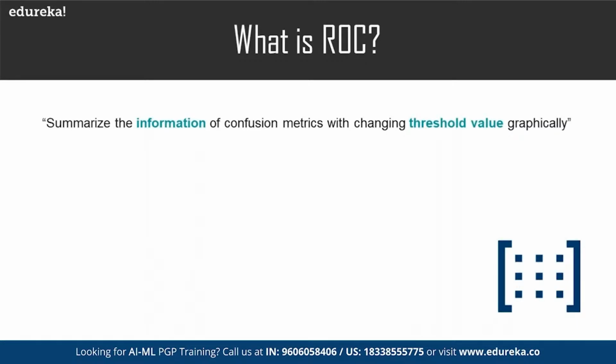In ROC we have a curve, and as we change the threshold value, we also change the learning rates, and we move along the loss and iterations. Let me tell you what ROC is.